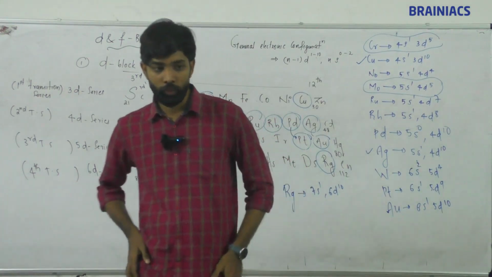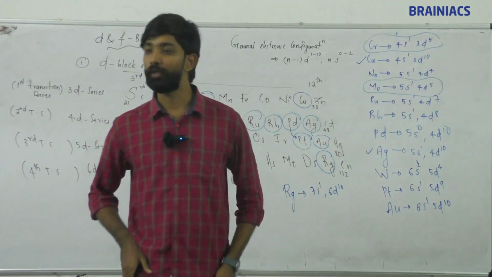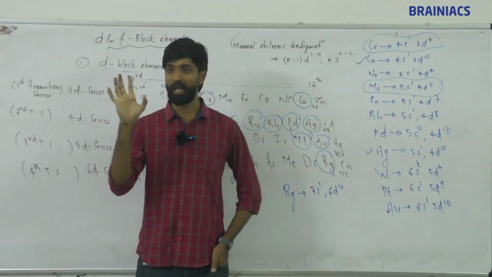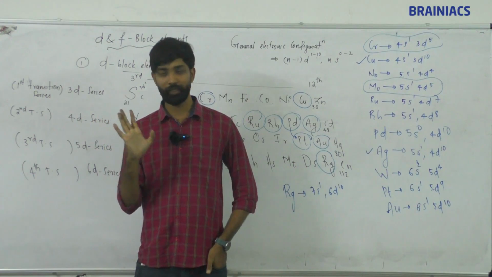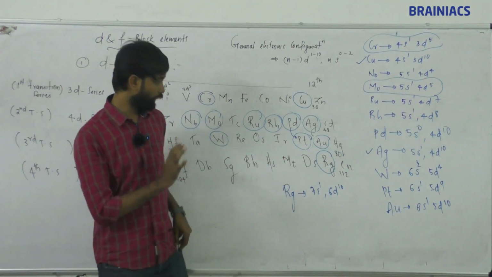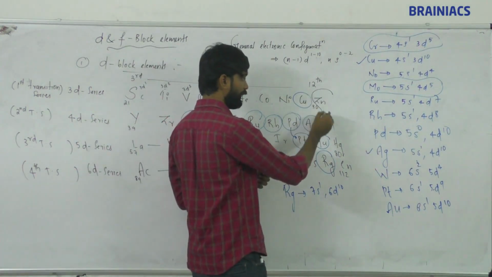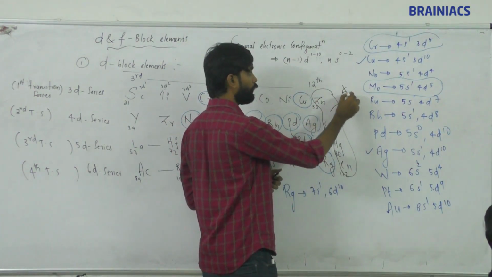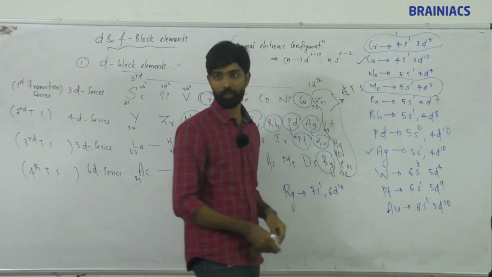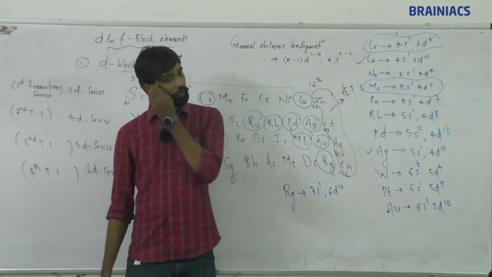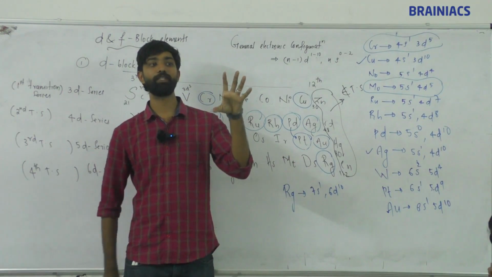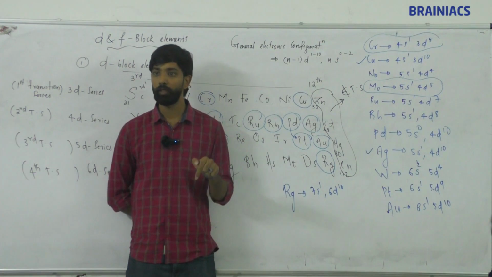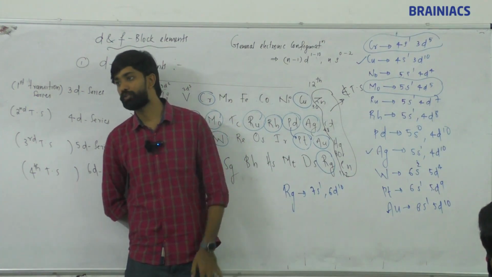Ready? Fine. So the next important point: an element is said to be a transition element if and only if, that is the actual definition of transition element. Zinc, cadmium, copernicium, like that, do not belong to transition elements. Why? An element is said to be a transition element if it has a partially filled d orbital in its ground state or in a common oxidation state.